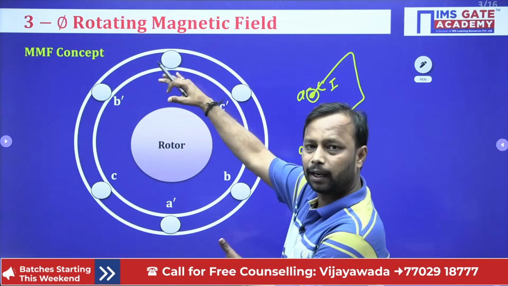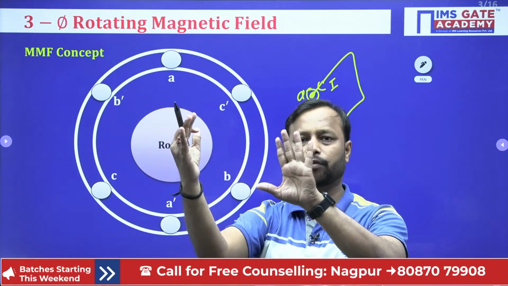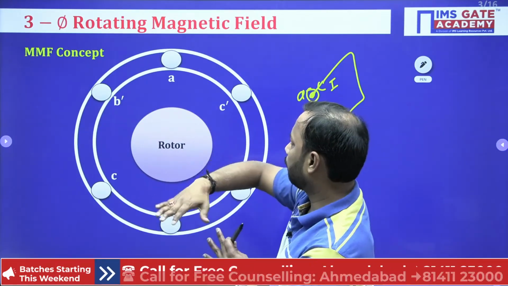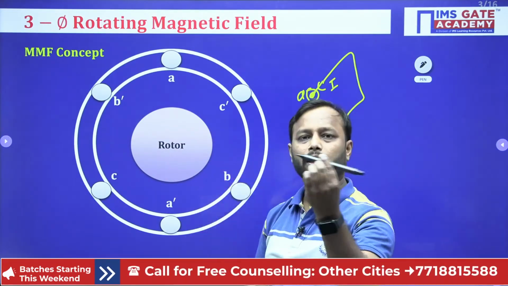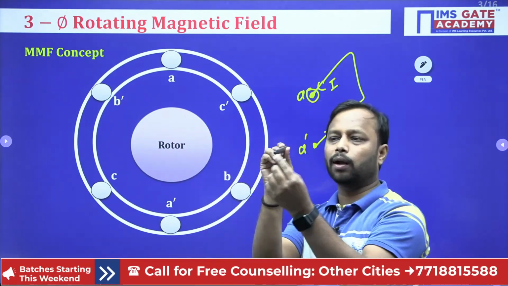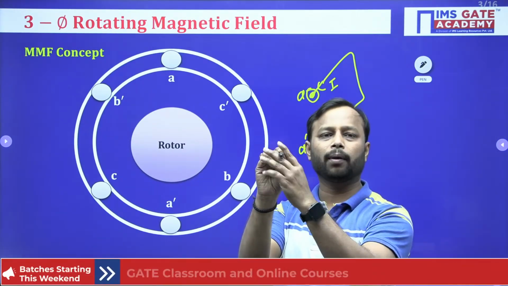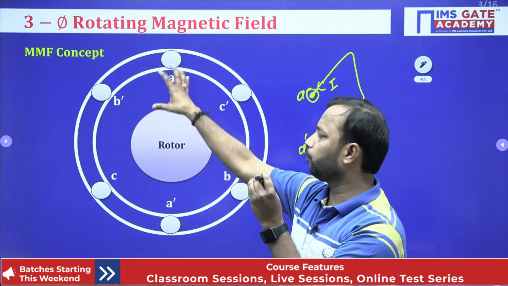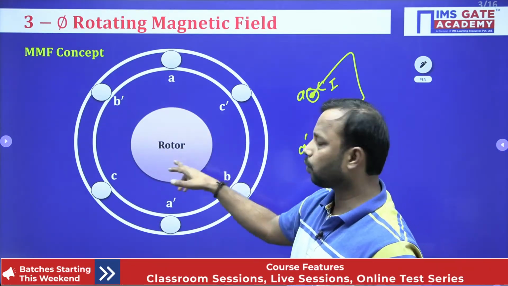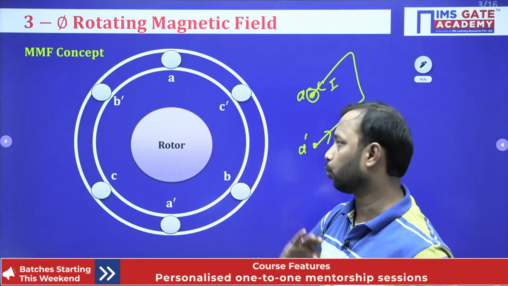This is the front view of the cylinder. The cylinder is placed in a flat manner, so you are seeing the front part only. You cannot see the back part or the curved surface. So the front view I have shown here, and this is the rotor, which is basically a front view of the rotor.